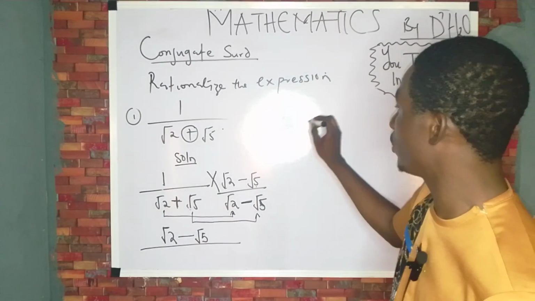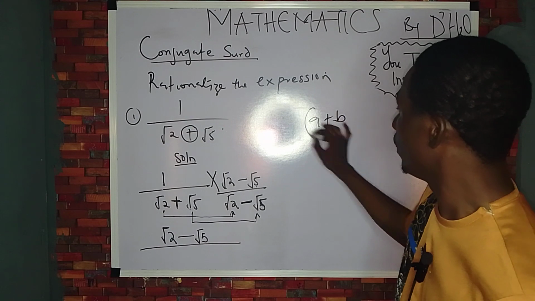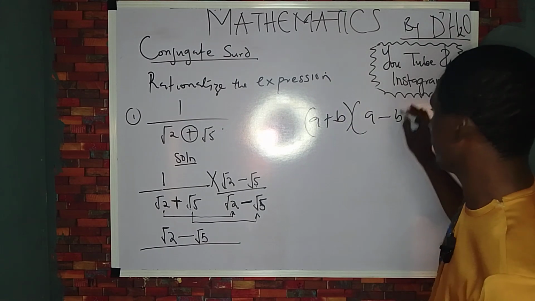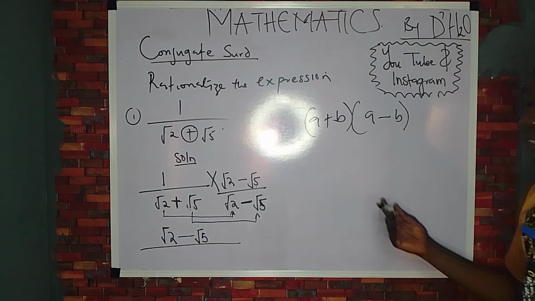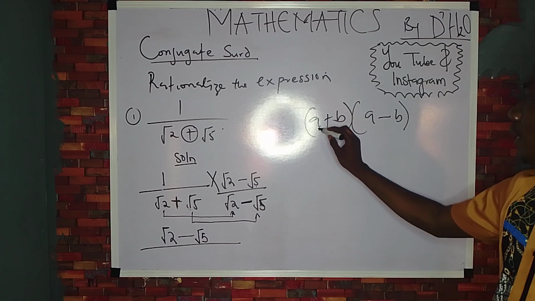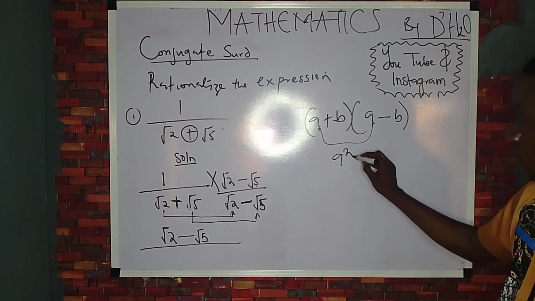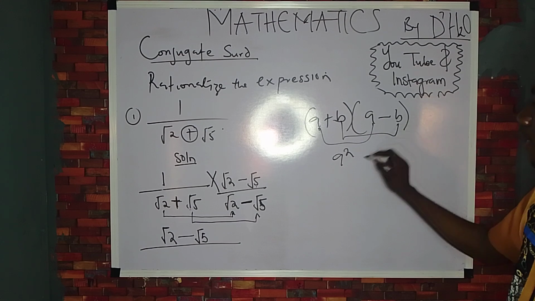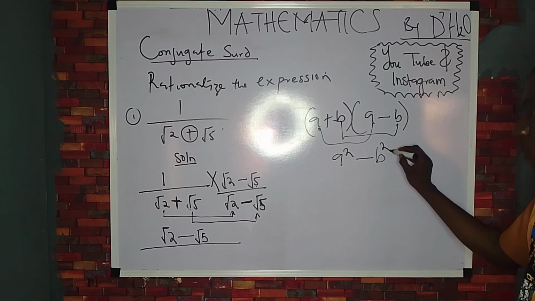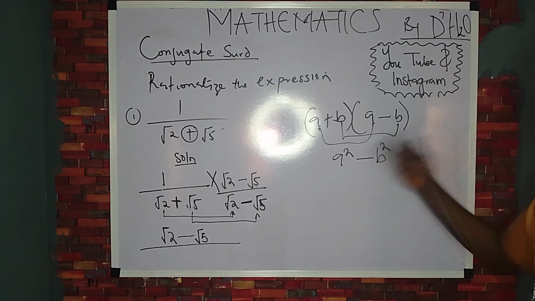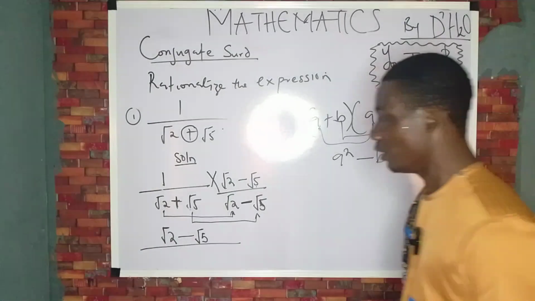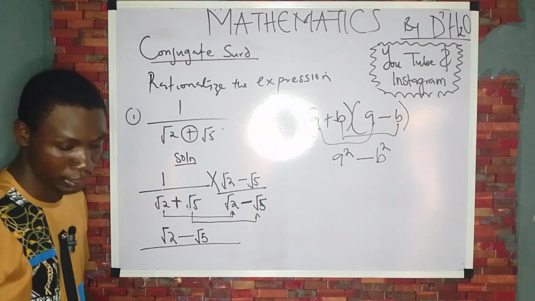It looks like you have a plus b in a bracket times a minus b. You can cut this short by doing a times a to give you a square, and b times minus b to give you minus b square. You don't have to expand this bracket. You can do it that way. It makes your work faster and easier.